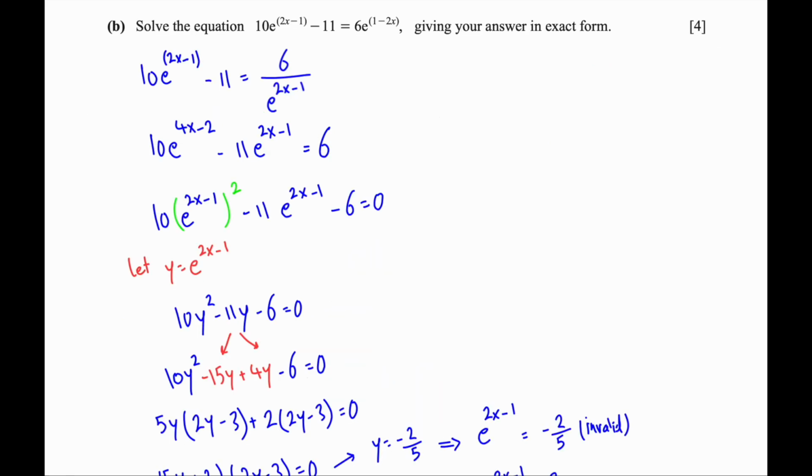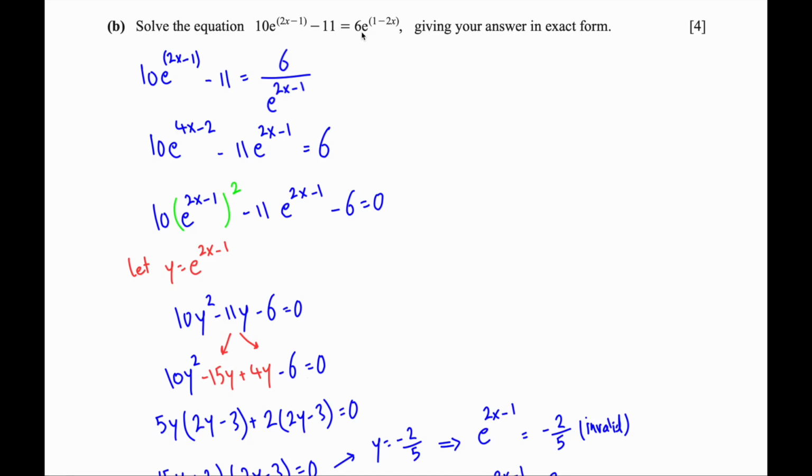Question number 9, part B. I'm given this exponential equation in terms of x, and I'm supposed to find the exact value of x. So at first glance, when you see the power of e here, that is 2x minus 1, but here is the negative version of that, which is 1 minus 2x.